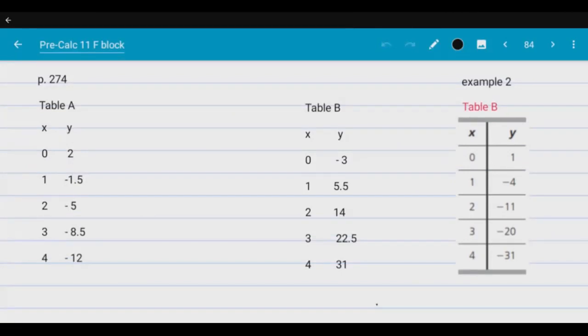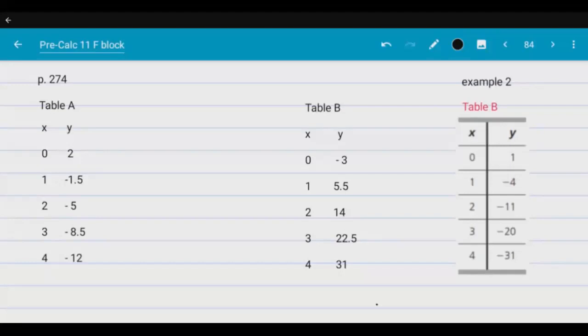All it is saying is this: when you look at the first differences of the values of y, if the first difference is increasing or decreasing by the same number, then it is quadratic. However, if the first differences are constant, the function is linear.